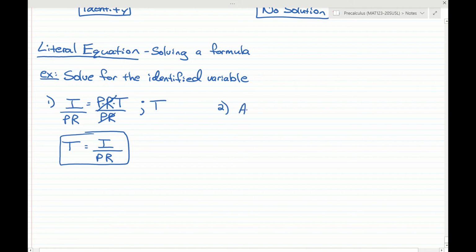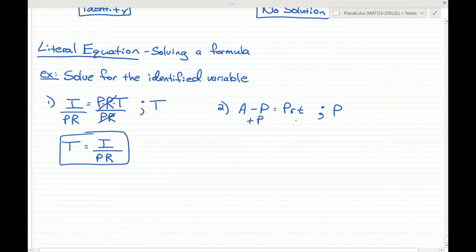One more. What if the formula looked like this, where the amount in the account minus the principal is equal to P R T, and we want to get P by itself. Well, if we want to get P by itself, we could start by getting it on the same side.